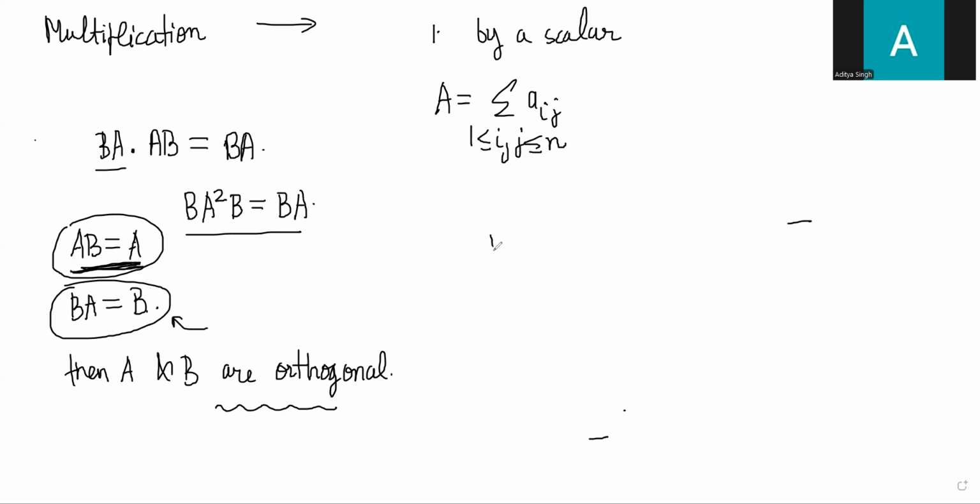We are getting BA square B minus BA is zero matrix. So we can take B. Actually, okay, we are unnecessarily complicating it. We know AB is equal to A. We can say in BA, in place of A... no, not here, A into B.